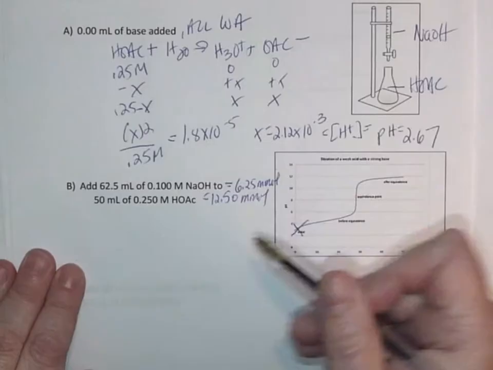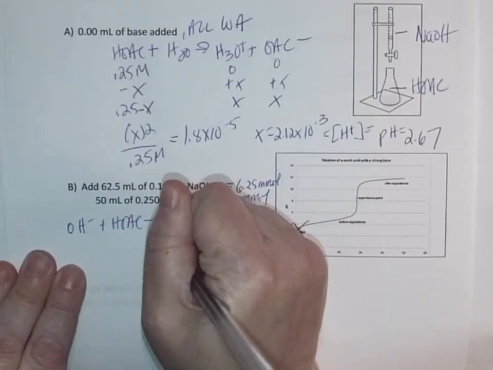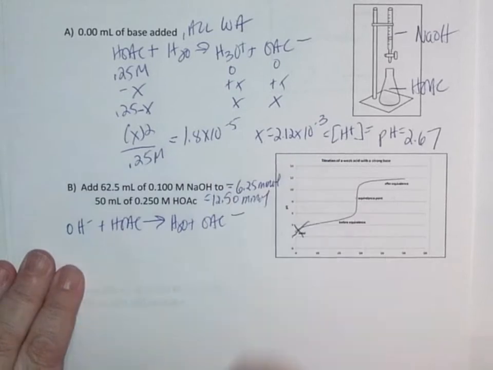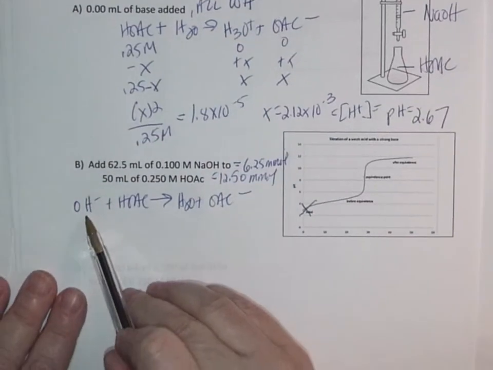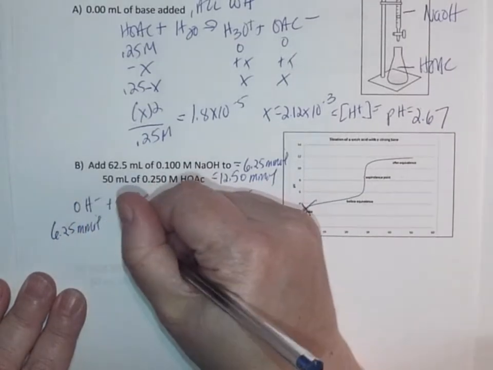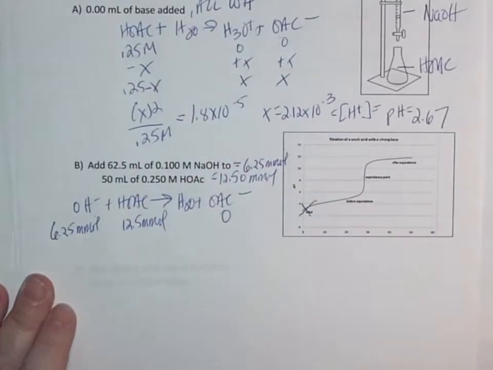So I've added the base, so I've added the hydroxide, and what's going to neutralize is this weak acid. It's going to make water plus the acetate ion. So I have 6.25 millimoles of the base and 12.5 millimoles of this acid, and nothing on the product side.